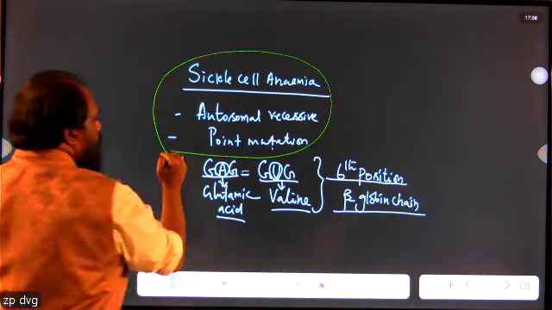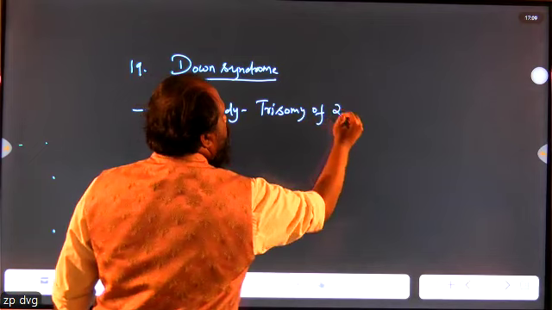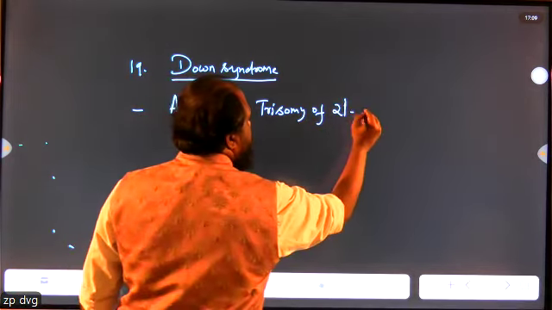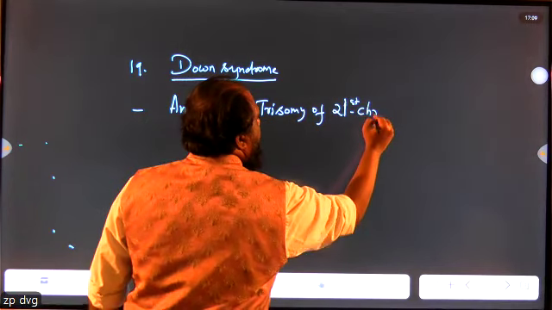Aneuploidy. To be precise, it is due to trisomy of chromosome number 21, trisomy of the 21st chromosome. I'll write it like that.